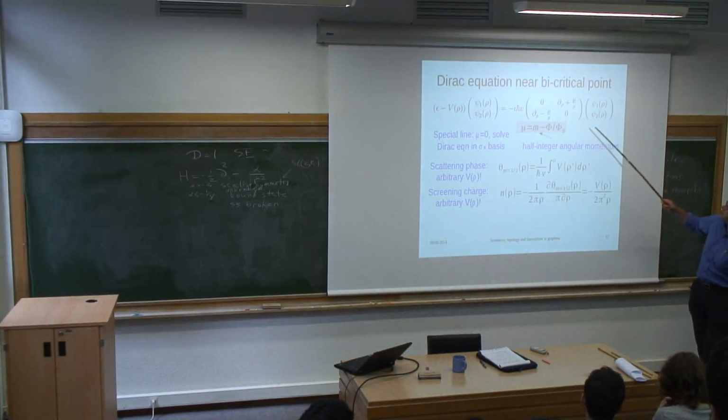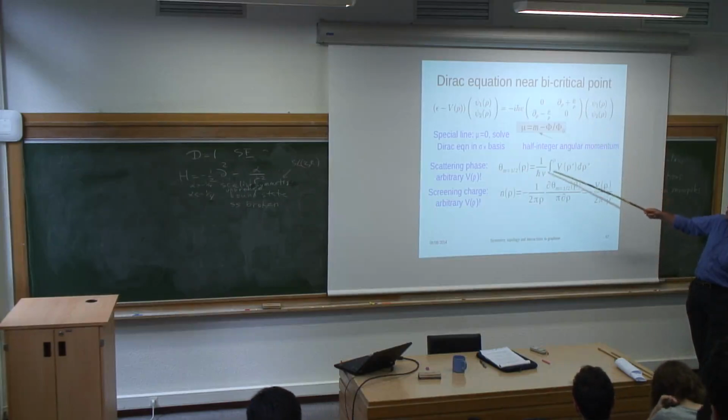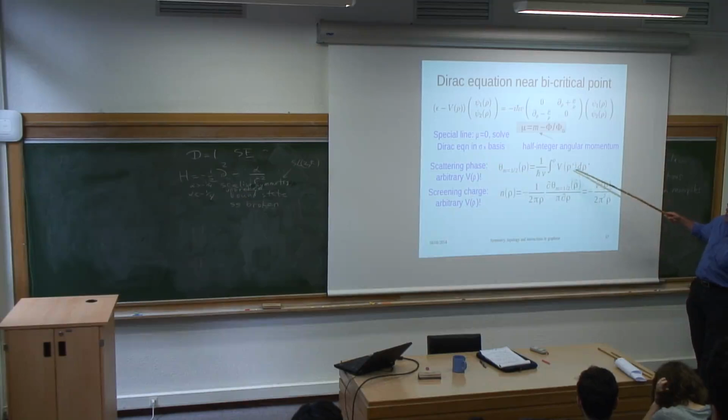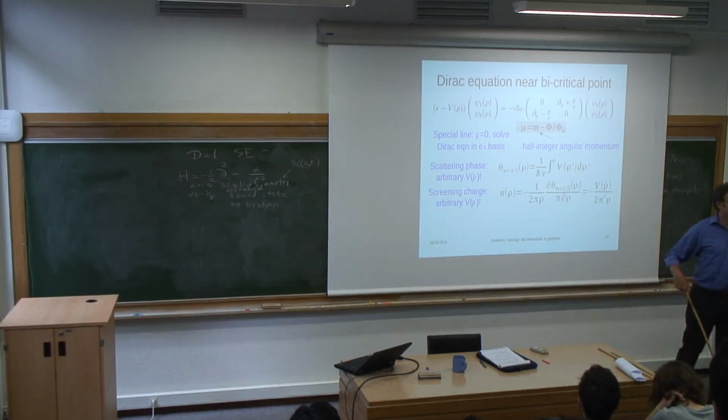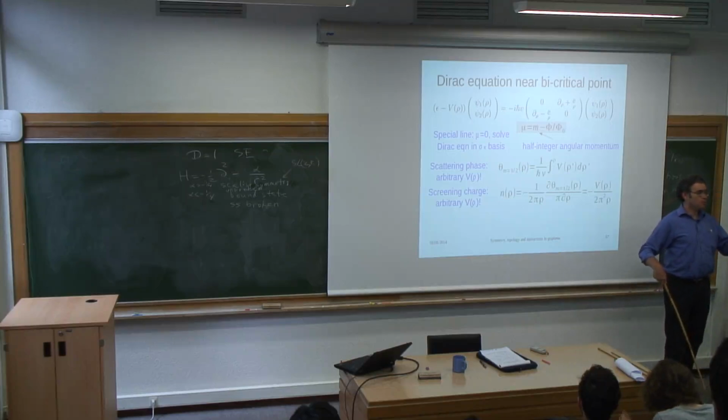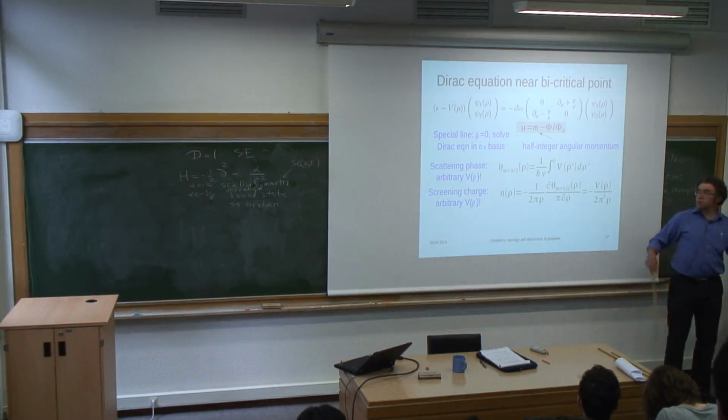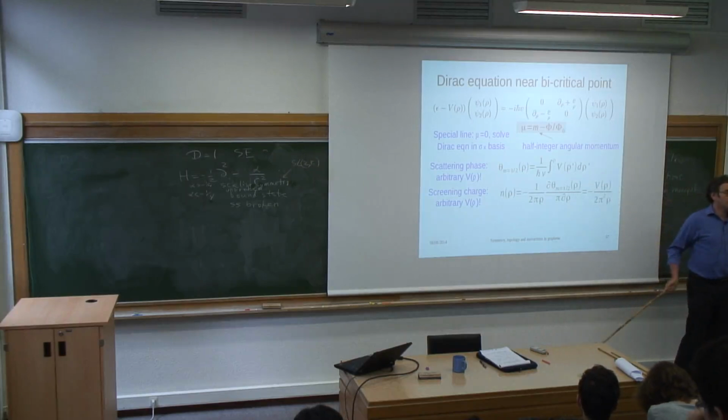I'm not sure what the mathematical property is, but it simply factors into two one-dimensional first-order differential equations. You can solve them, and then you can write down the scattering phase in terms of the potential for an arbitrary potential, and then using the scattering phase, you can compute using the Friedel sum rule. You can compute the screening charge as a function of position without assuming that your potential is 1 over r.